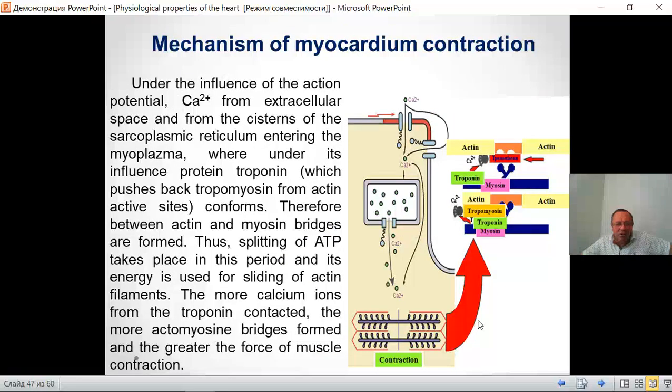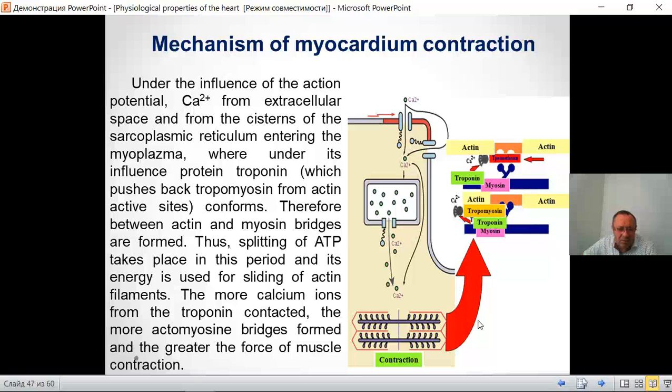Mechanism of myocardial contraction. Under the influence of the action potential, calcium ions from the extracellular space and from the cisterns of the sarcoplasmic reticulum enter the myoplasm, where under their influence the protein troponin changes conformation, which pushes tropomyosin back from the actin active sites.